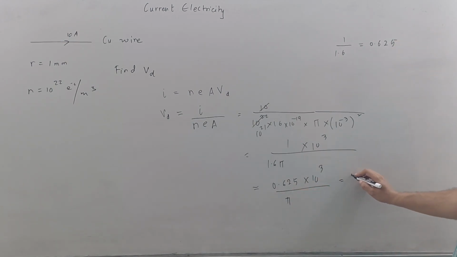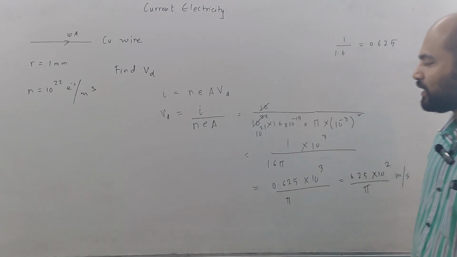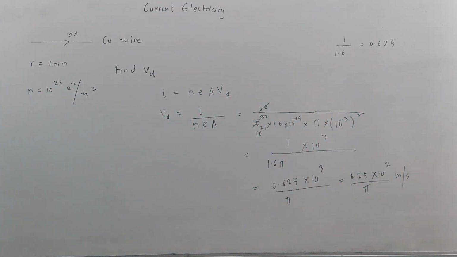And so I can write 6.25 into 10 raised to 4, or rather 10 raised to 2 in this case, divided by pi. That is the answer of this question. And I have to write meters per second because that is the SI unit.